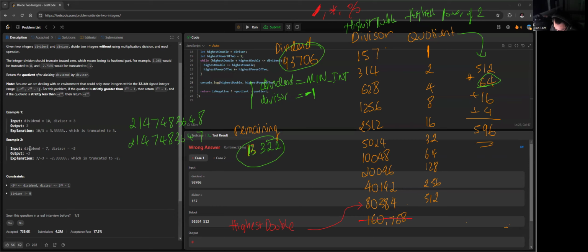And then we can subtract it from the dividend and keep going from there.